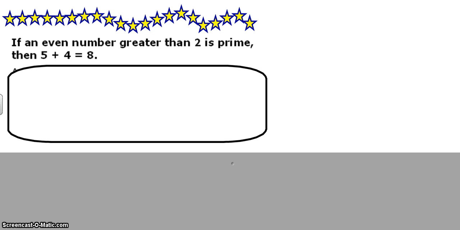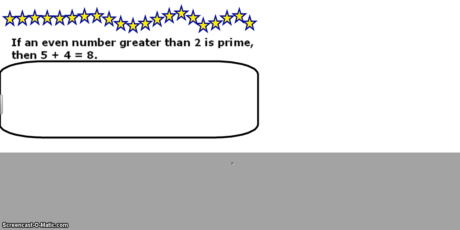What is the truth value of this statement? If an even number greater than 2 is prime, then 5 plus 4 equals 8. Okay, what do you think of this hypothesis? If an even number greater than 2 is prime, is the hypothesis true? Is there an even number greater than 2 that is prime? And we talked about that just yesterday.